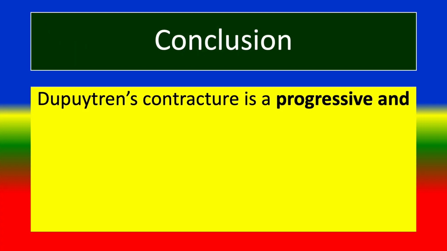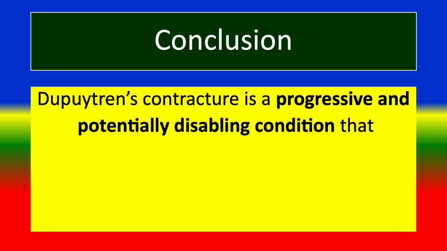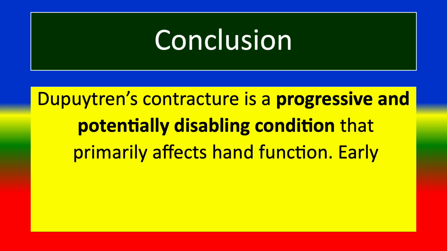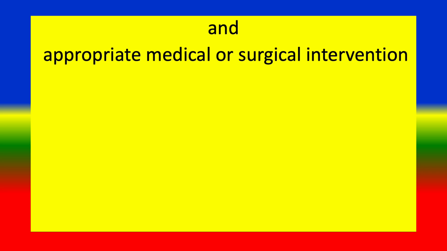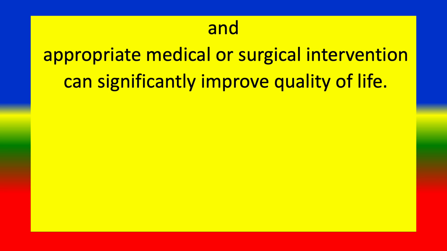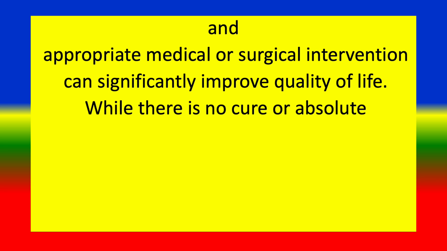In conclusion, Dupuytren's contracture is a progressive and potentially disabling condition that primarily affects hand function. Early diagnosis, patient education, and appropriate medical or surgical intervention can significantly improve quality of life.